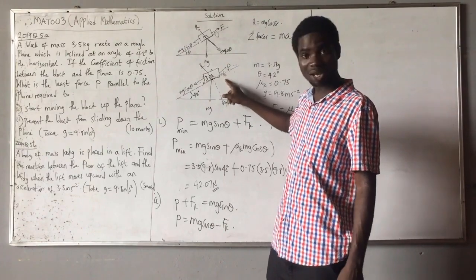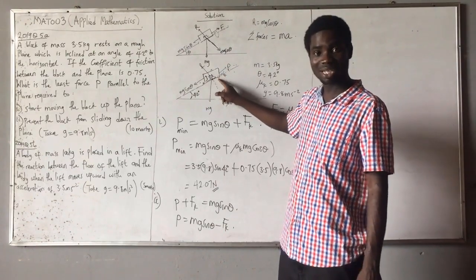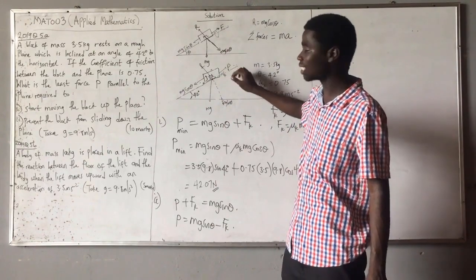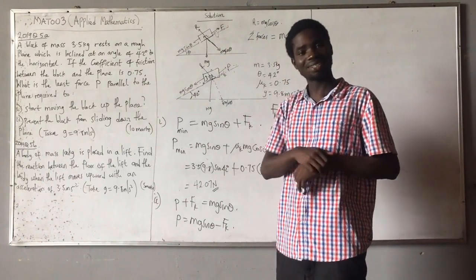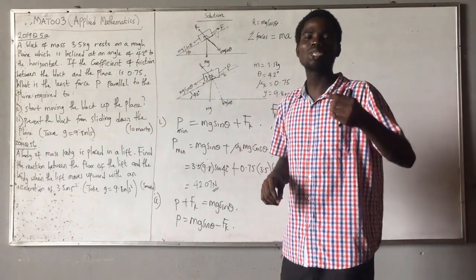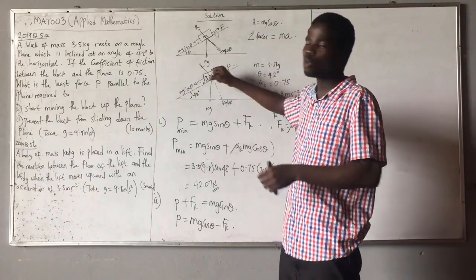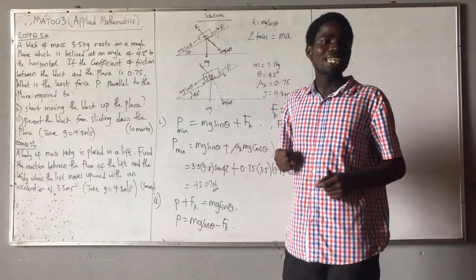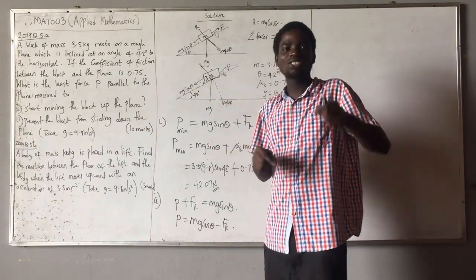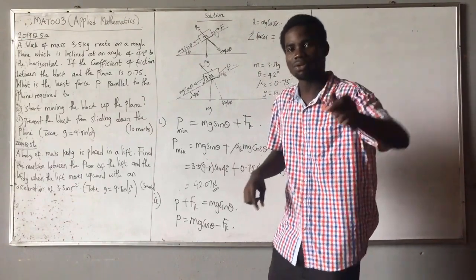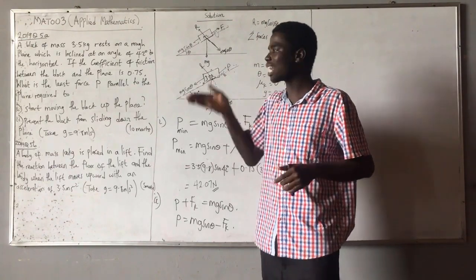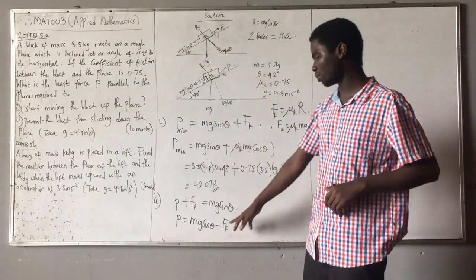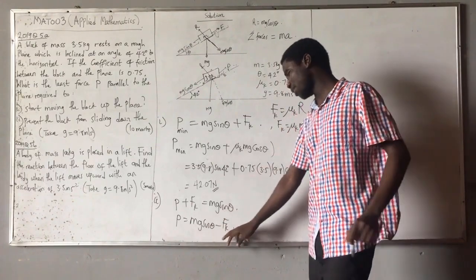If it's just the frictional force that is trying to hold this thing from falling, it will actually slide. There must be another force that must come here to hold it. So the question they are asking is what is that least force. And this is what we got. The least force will be mg sine theta minus Fk.